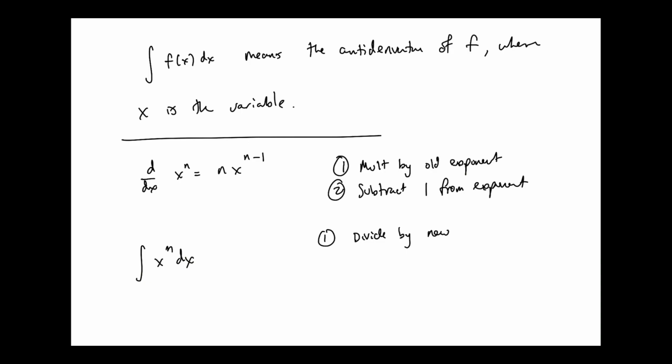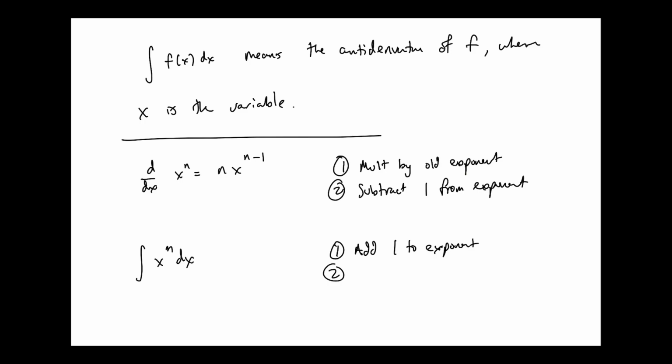Or, sorry, I wrote this backwards. Let's try this again. What's step 1 if you're taking off your shoes and socks? Take off your shoe. So step 1 is add 1 to the exponent. And then step 2, what's the opposite of putting on your sock?